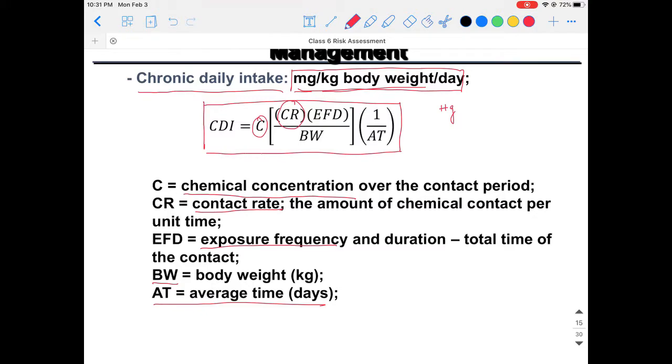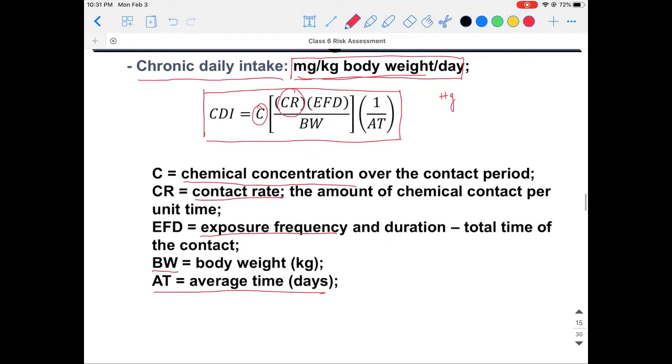Let's say you drink 1 liter of water, or 1 cup of water, each time. And the EFD here means how many times you drink this water over, let's say, 2 days.